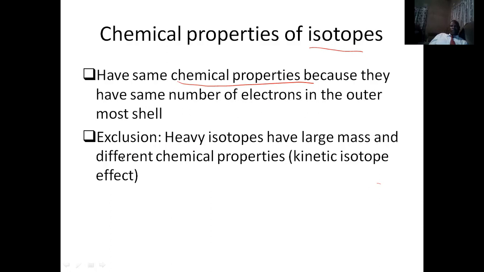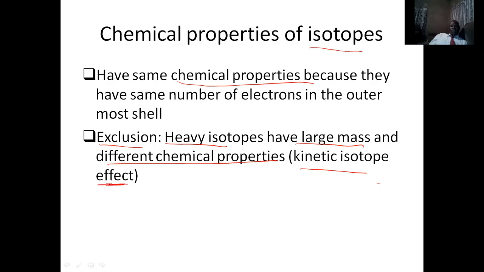However, there is an exclusion where some heavy isotopes with very large mass have different properties because their rate of reaction is different. This can be verified from the kinetic isotope effect.